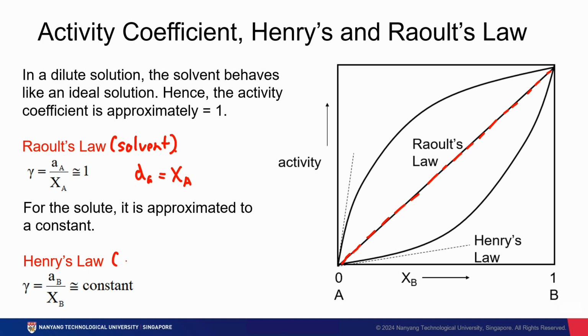When it comes to the solute, on the other hand, what Henry said is that since salt is such a small component within the dilute solution, all we need to do is extrapolate this way, and we can treat gamma B, or the activity coefficient, as a constant in all our calculations.